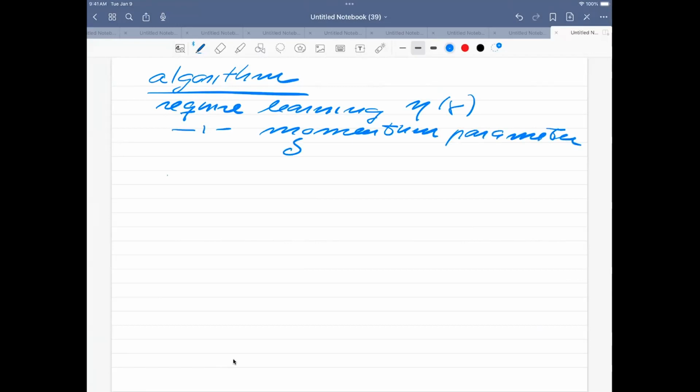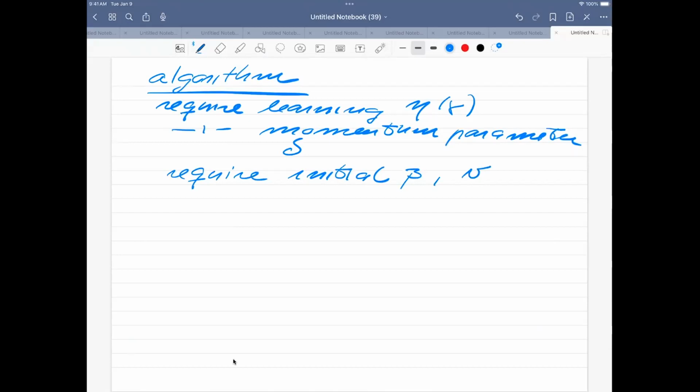Then you require an initial value. This is a random guess often. Initial value for beta. And also the initial value for, in this case, the parameter you're updating. Let's call this parameter v.